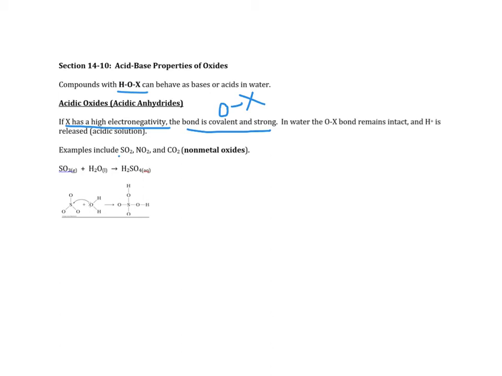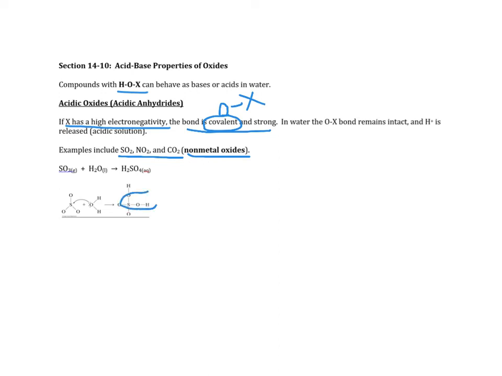Here are some examples. These are non-metal oxides, and that's what gives us the covalent bond between two nonmetals, between oxygen and some other nonmetal. So here's an equation that shows SO3 and water combining together to make sulfuric acid.